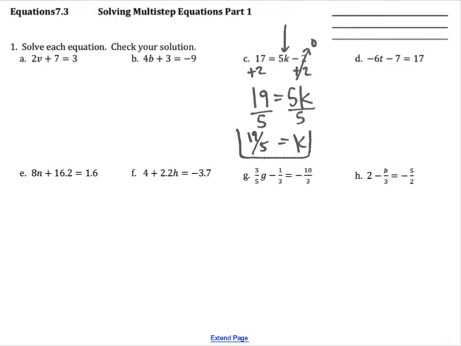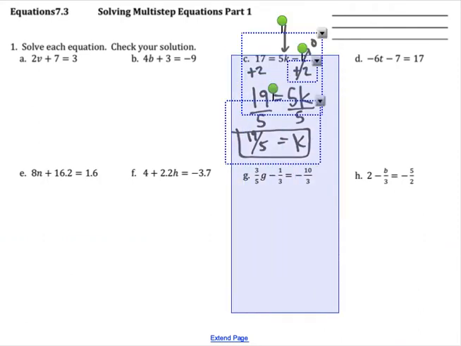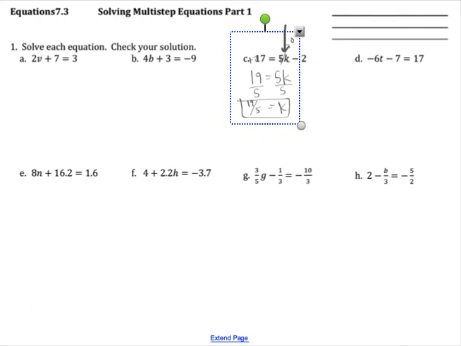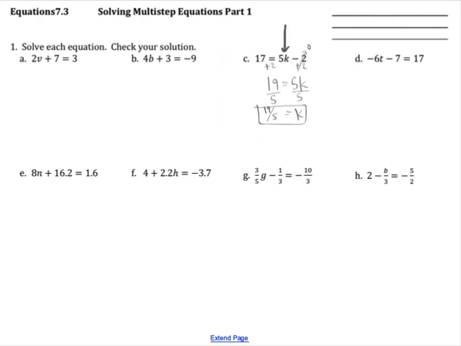That is our answer. Now we do need to check our solution. I've kind of taken up quite a bit of room with this, so I need to try to get it to shrink down in size. Okay, so we do get k equals 19/5. Actually, I kind of want to do that as a decimal. That would be 3.8.